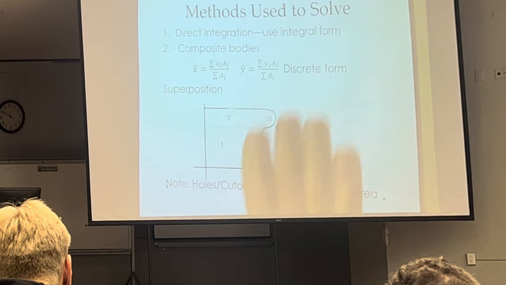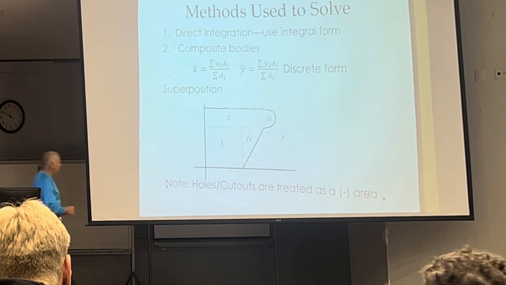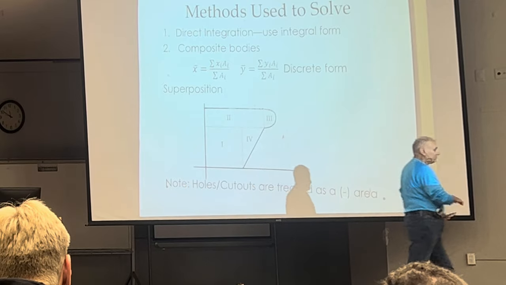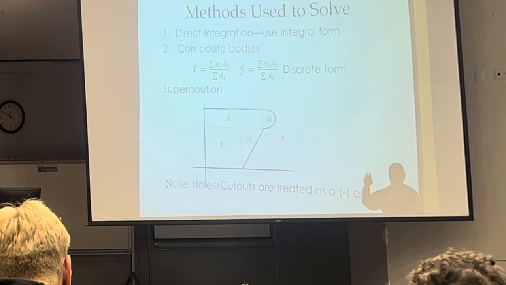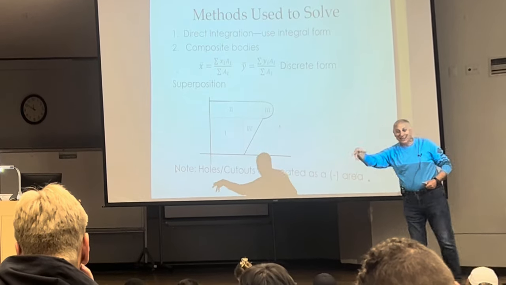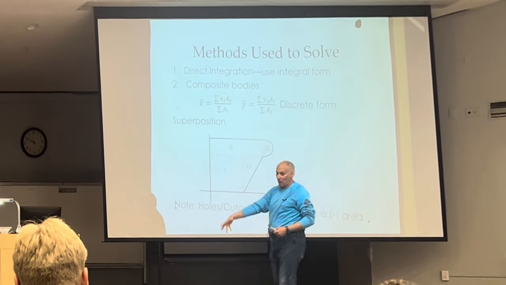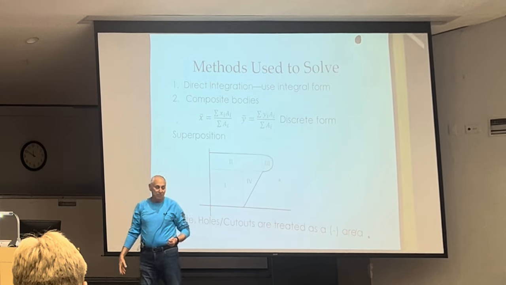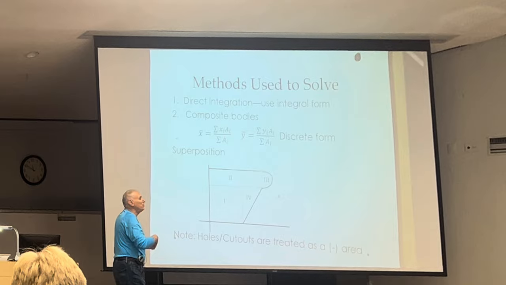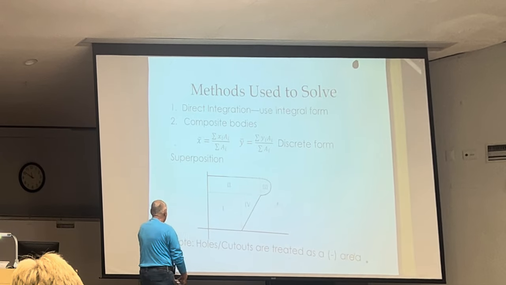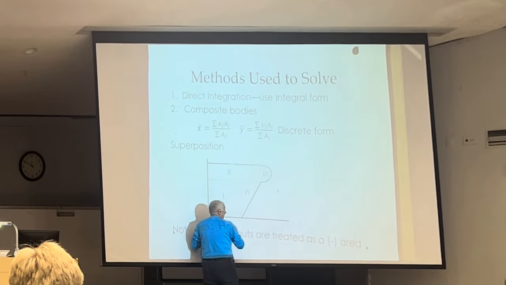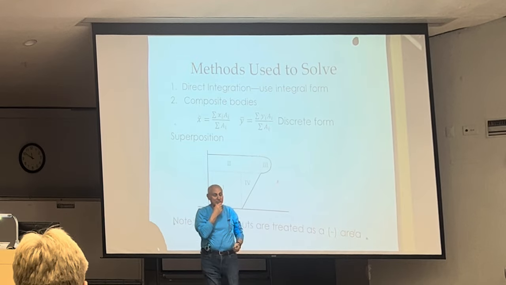In discrete format, we are going to use the principle of superposition. That was one of our concepts, and it's a concept that's used not just in statics, it's going to be used in mechanics of materials, in electrical systems, everywhere in engineering. What do you do? Well, you've actually done this before. You take a piece here and say, what's the area of this?